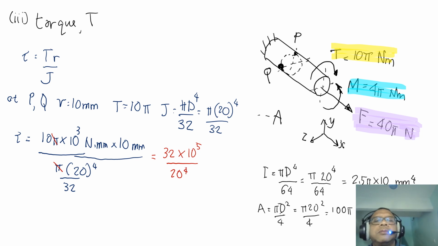Yeah, so that will get us to roughly 32 over 16, 10 to the power of 5, and then 2 times 10, 10 to the power of 4.